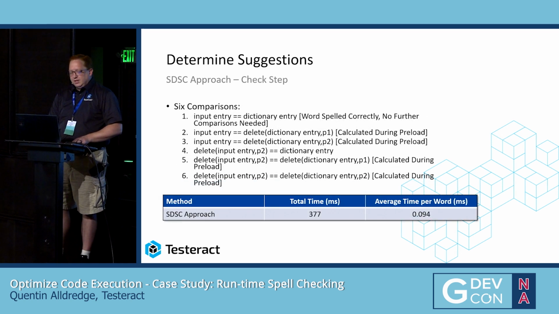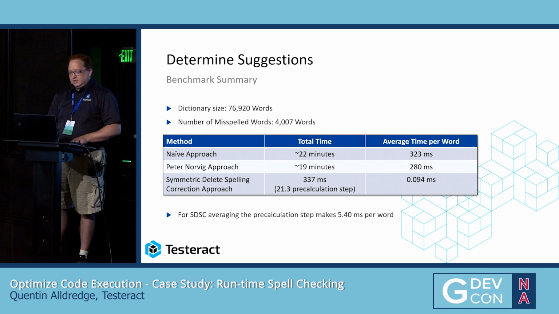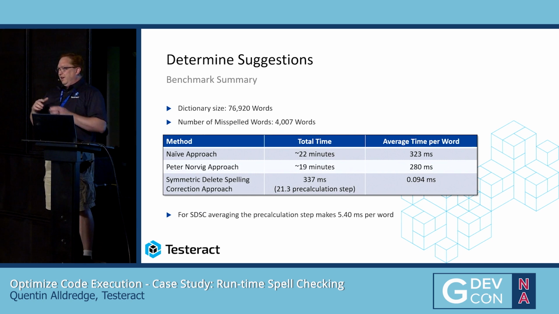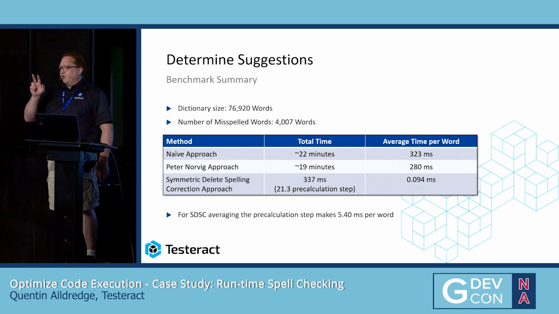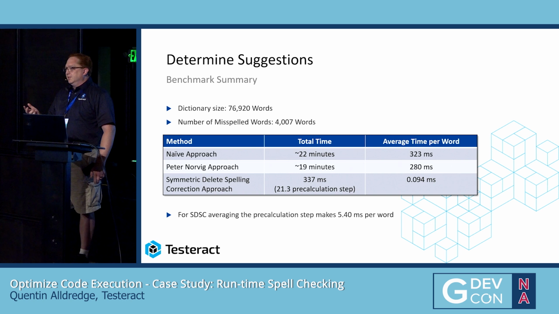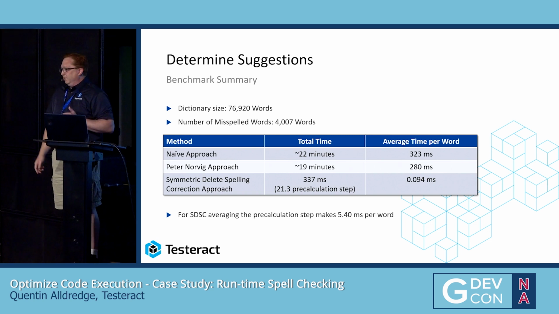And so this is basically the steps that you end up going through when you're doing this. And so there's how it calculates. So this is if, let's say, everything's already preloaded, all of the pre-calculations done, the user now right-clicks on the word that's misspelled, it's going to take approximately 337 milliseconds to process and come up with the list for the user.